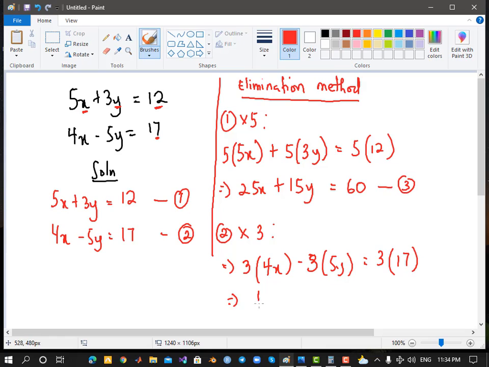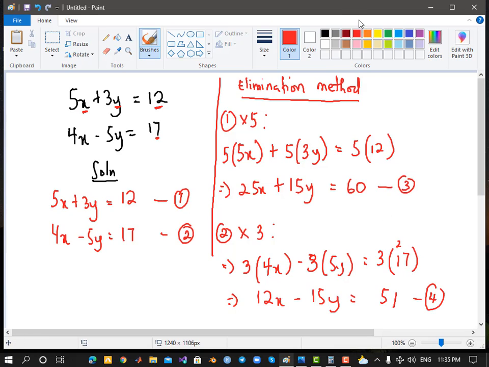This will give us 12x minus 15y equals 51, since 3 times 17 is 51. This will be our equation 4.